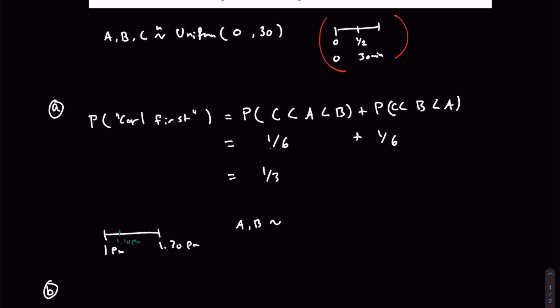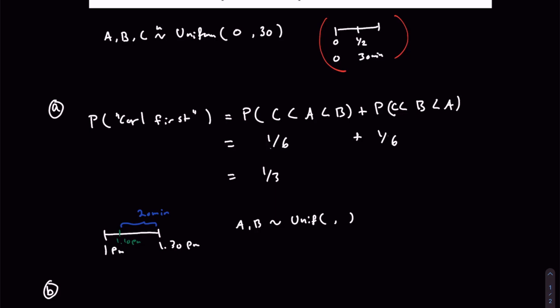Because of this conditioning, we're going to redefine the domain of this uniform distribution. And what am I going to define it to? Well, if we look at this timeline, the only time that Alice and Bob can arrive is in this interval here, which is that they have 20 minutes to arrive.